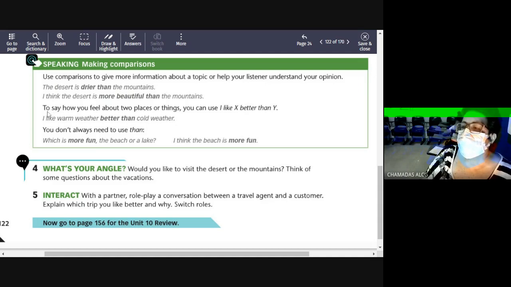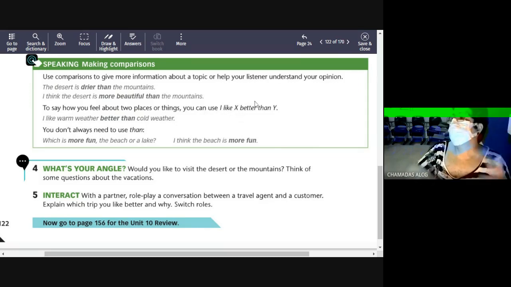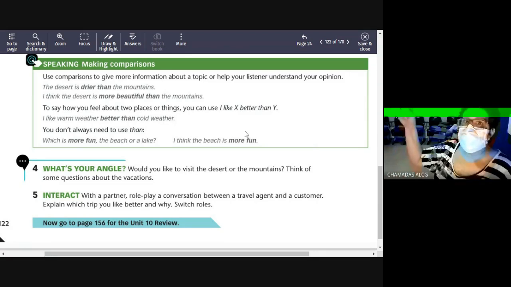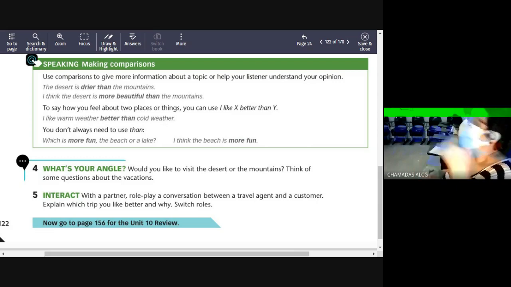Now, to say how you feel about two places or things, you can use I like X better than Y, for example. Like in the video, he said, I like the reclining Buddha better than the palace. Okay?